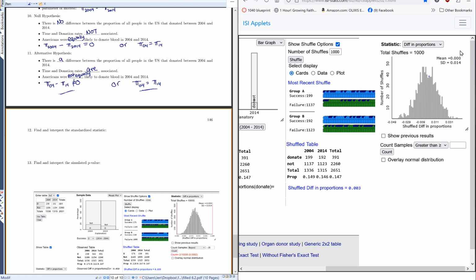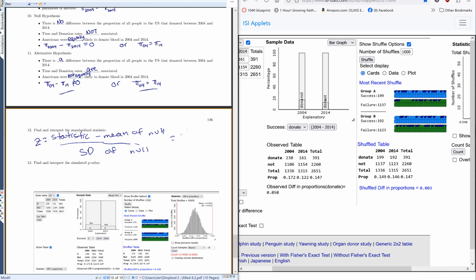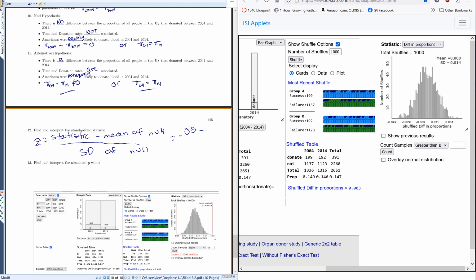So let's just find our standardized statistic. Z is equal to our statistic minus the mean of the null over SD of the null. So in our case, our statistic is what we actually observed as a difference, so 0.05, minus, what was the mean of the null?